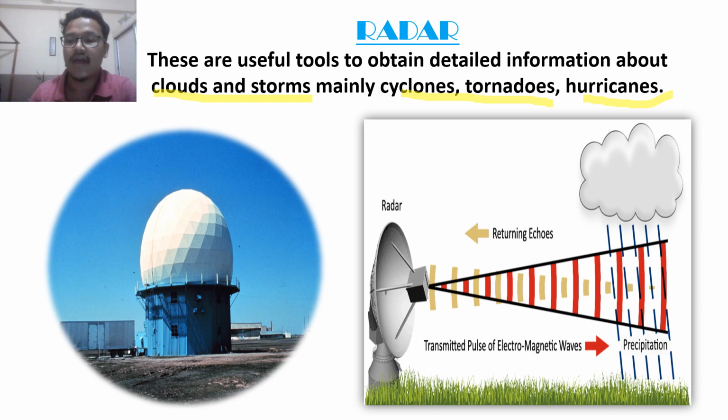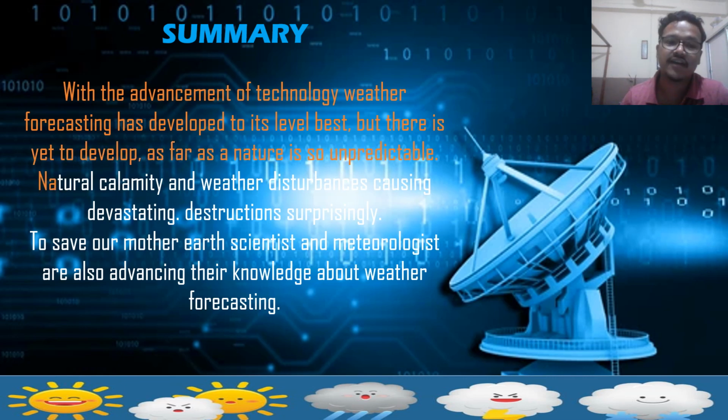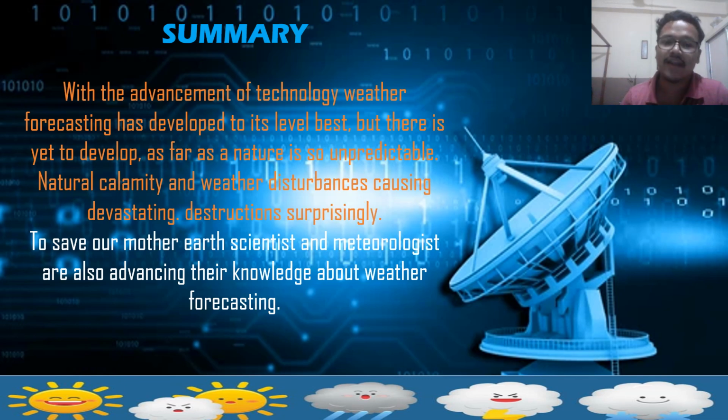Let us move ahead. Now we have come to the tools and the process, and in summary, what can we say about weather forecasting using satellite communication? With the advancement of technology, weather forecasting has developed a great deal, but there is yet more to develop, as nature is so unpredictable. Natural calamities and weather disturbances cause devastating destruction.